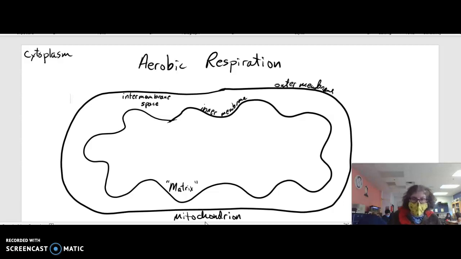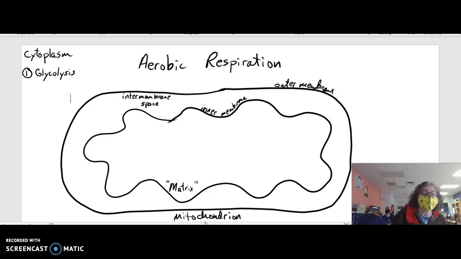And we're going to start from the very beginning of what you learned about when we started talking about anaerobic respiration. You know that the first step, whether it's anaerobic or aerobic, is glycolysis. So every cell does this. Even the bacteria can do this, right?